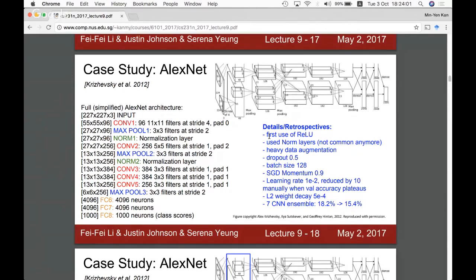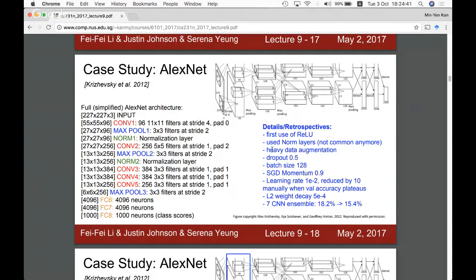This is the first time ReLU was used in a neural network, both as the activation function after each convolutional layer and in the fully connected layers. And second, they use norm layers after each pooling layer, just to reduce overfitting, which is very commonly used in neural networks nowadays.